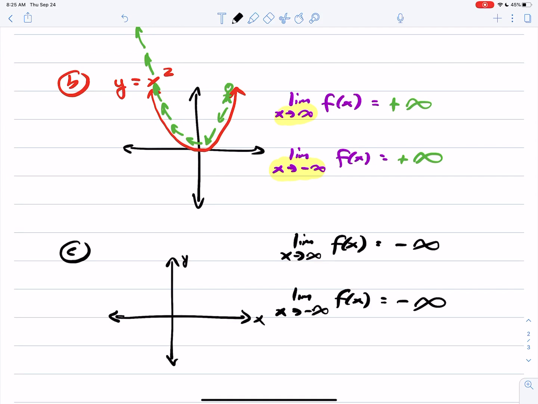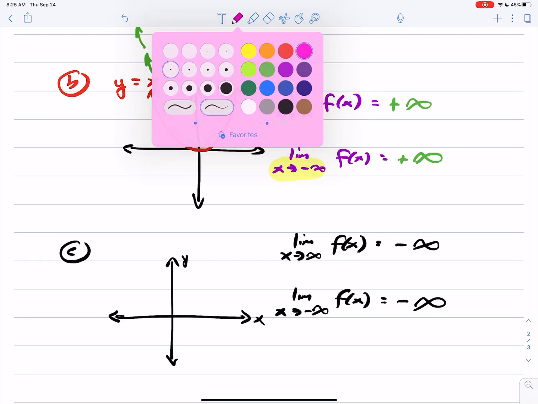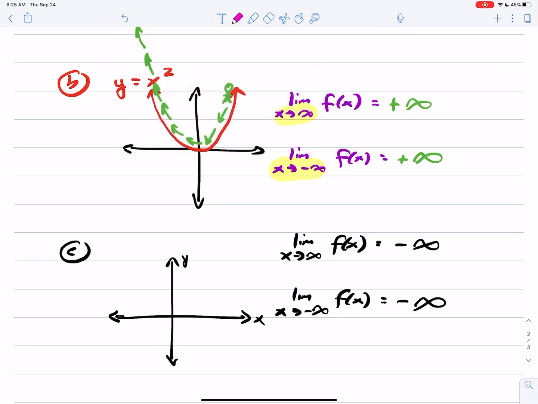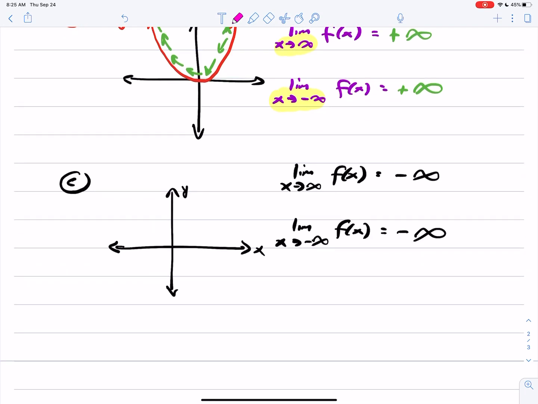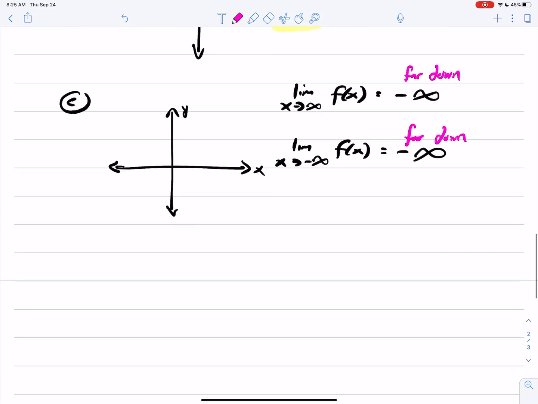Okay, so there are a variety of answers. Okay, there's not just one right answer, but you should have something along the lines of both the ends of your graph should be pointing downwards. So negative infinity, the limit, implies that we're going far down for both. So that means that both arrows have to be pointing downwards.